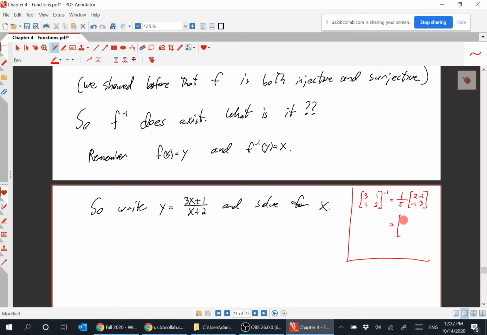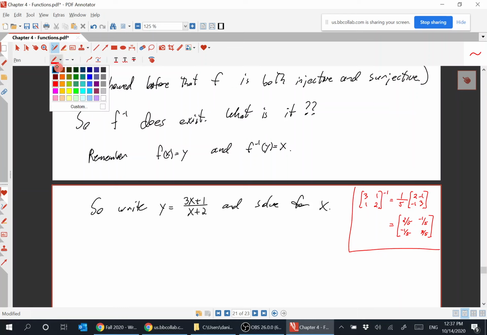So that's 2/5, minus 1/5, minus 1/5, 3/5. I'll just leave that there for the moment. Y'all know what I'm doing there, right? Inverse matrix. It's going to be this Mobius function corresponding to the inverse matrix.